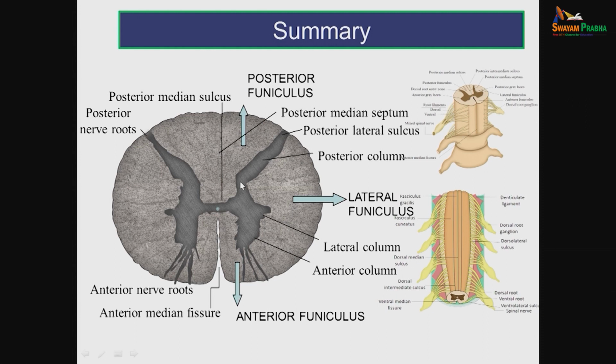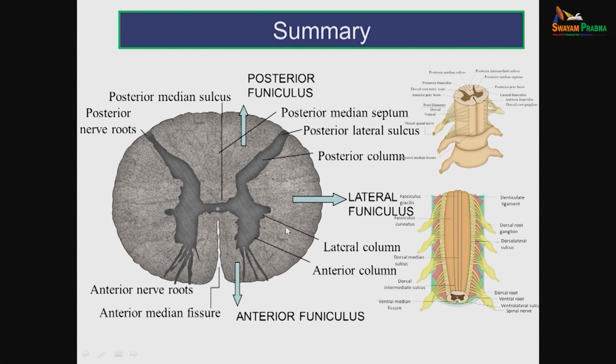Then in the grey matter, we talked about the various nuclei which are present. Nuclei are nothing but collections of nerve cell bodies within the central nervous system. And outside in the white matter, in the anterior white column, lateral white column and posterior white column, which are also called anterior funiculus, lateral funiculus and posterior funiculus respectively, we talked about the various tracts, the position of the ascending and descending tracts.